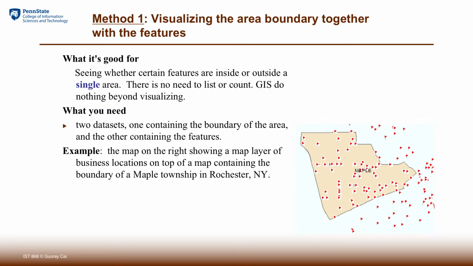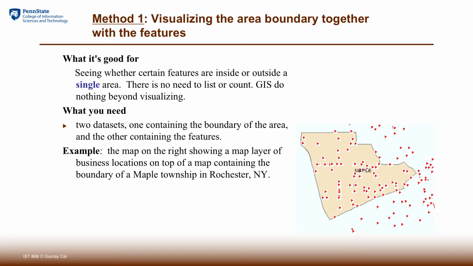And then you just overlay your targeted features on top of that area. And that will give the reader a clear idea of whether there are things inside or generally how much. In this example, we have a map showing the business locations, the red flags representing the location of the businesses, and then we have Maple Township.